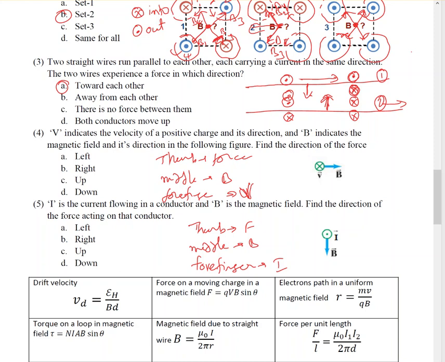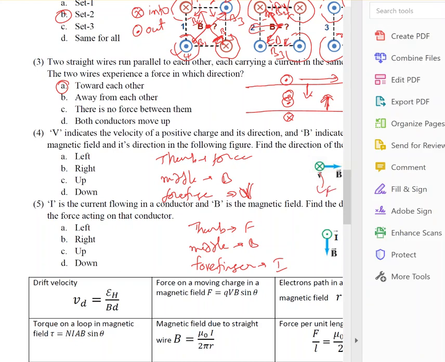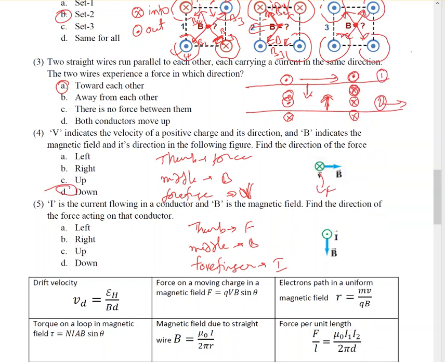Velocity is going into the board, right? The cross indicates that it is going into the board. So when you place your right hand in that direction, with the middle finger indicating the magnetic field direction and the forefinger indicating the velocity direction, I see the force is towards down.